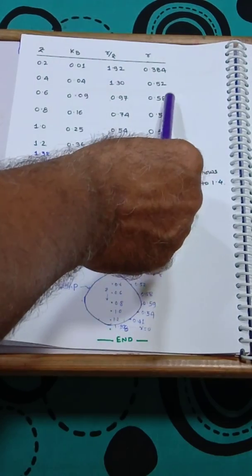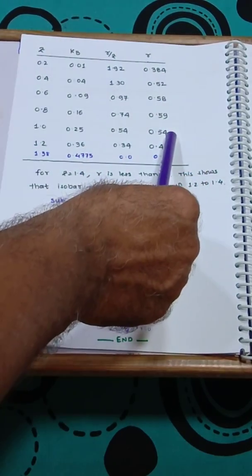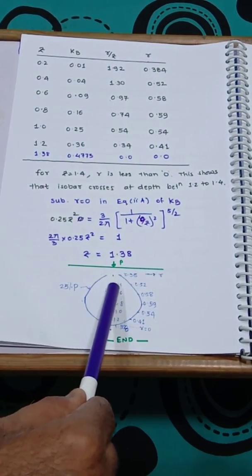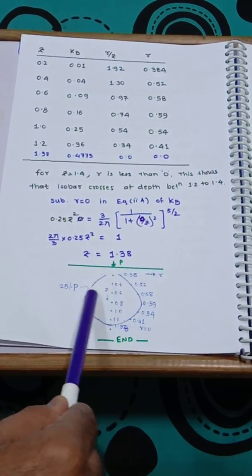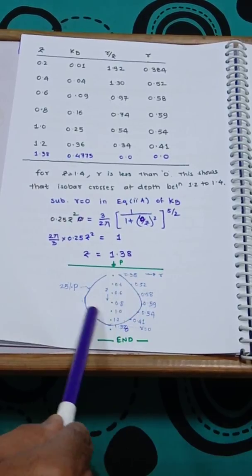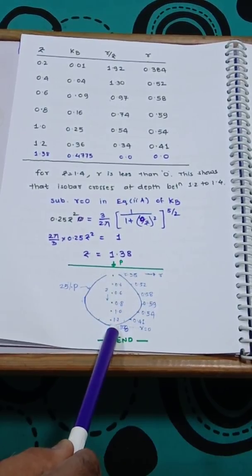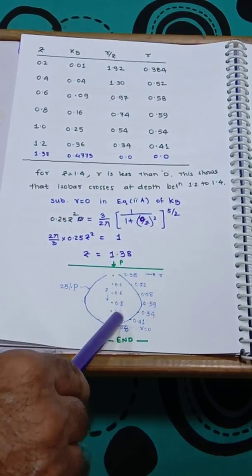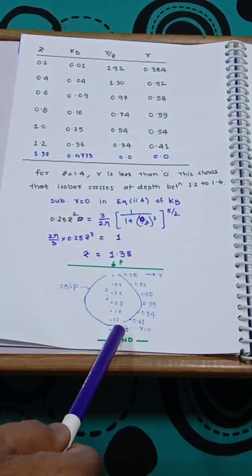It increases to 0.58, 0.59, then it decreases to 0. It means you can see here the radius increasing, then decreasing. Somewhere it is crossing to R is 0, but we don't know that depth.